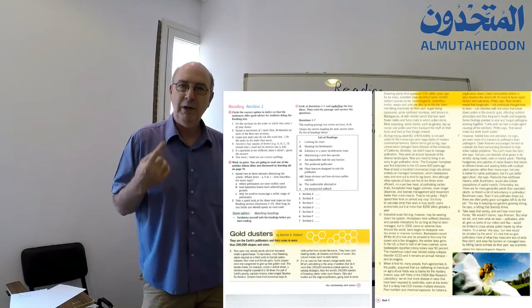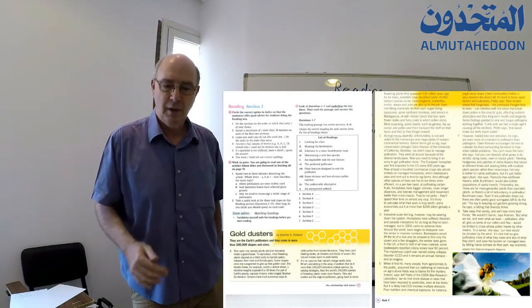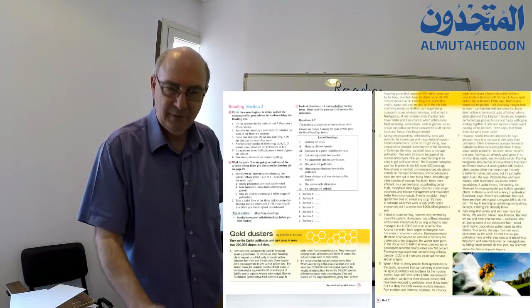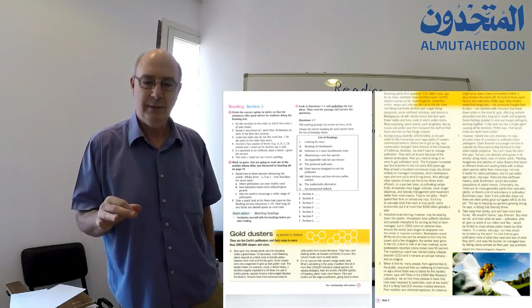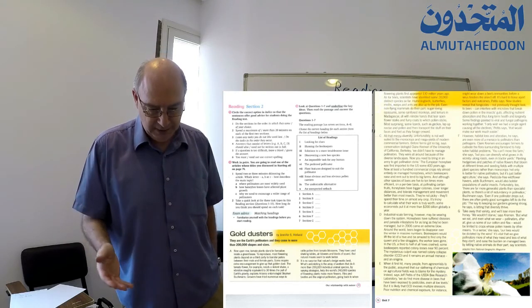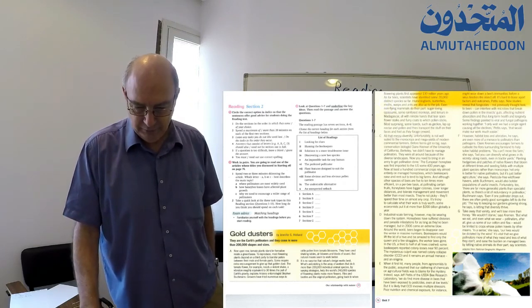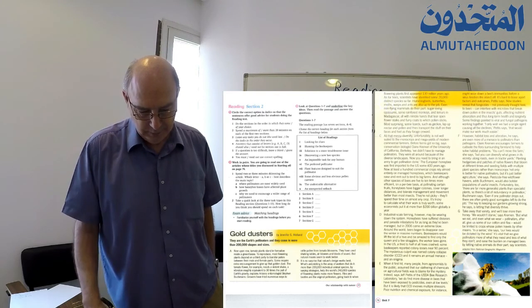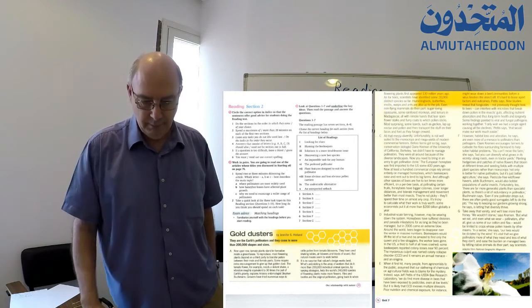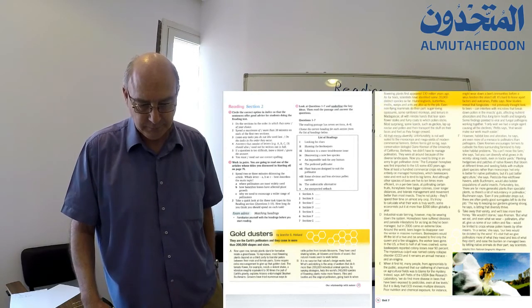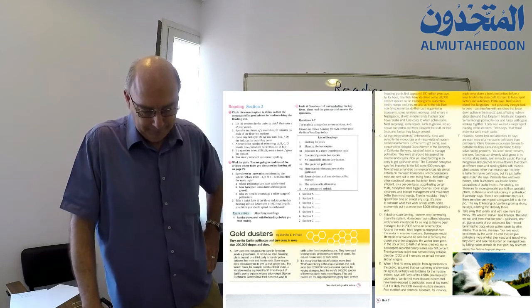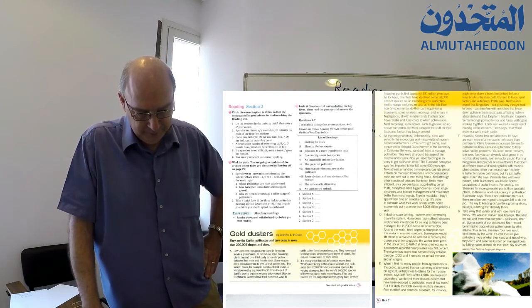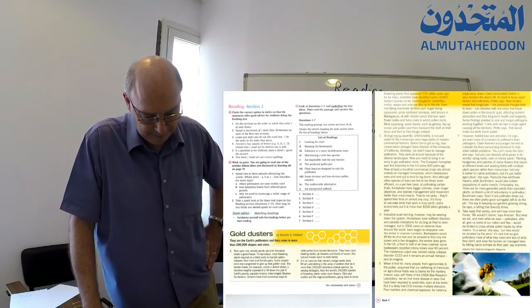So what we always do is work from the paragraph to the list. We go through the paragraph and find the main idea, and then match that main idea to the headings in the box. Okay, now let's look at the first paragraph. We're looking for a main idea.